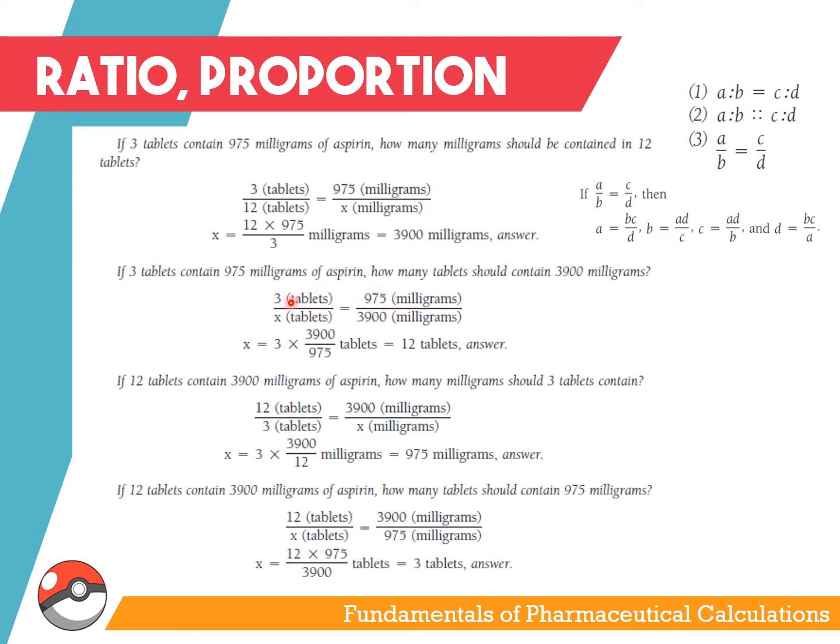Then you use X as a variable for the tablets, and you have 3,900 milligrams. We will do what we did a while ago. We simply look for X. X can be derived by this formula. X is equal to 3 times 3,900 divided by 975. So 12 tablets is the answer.